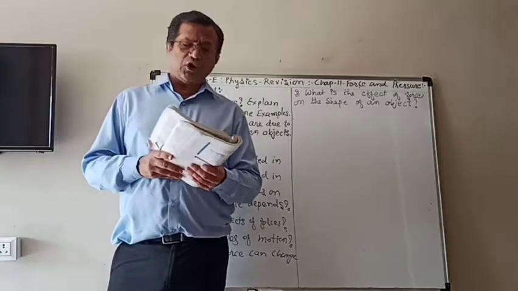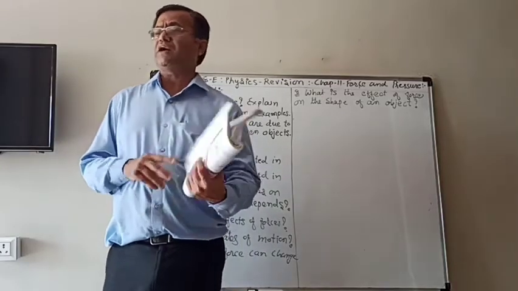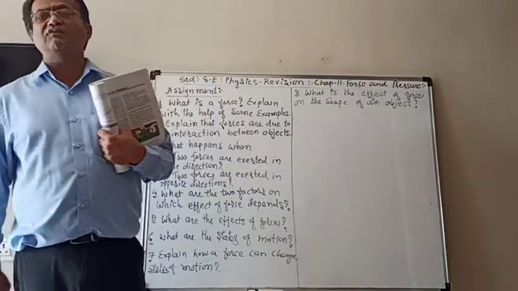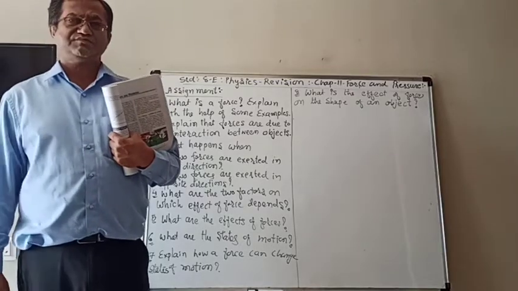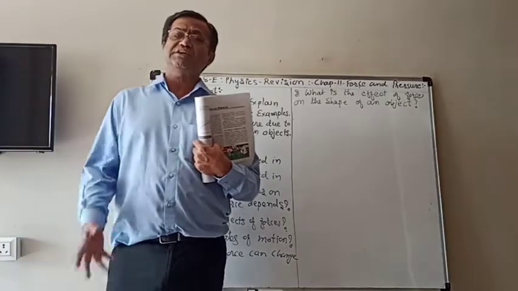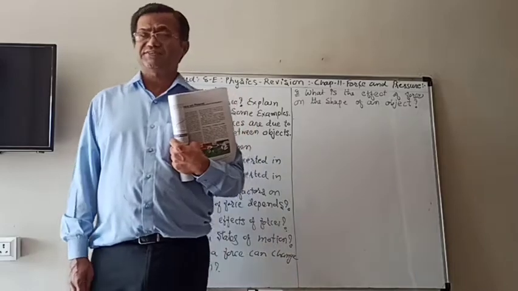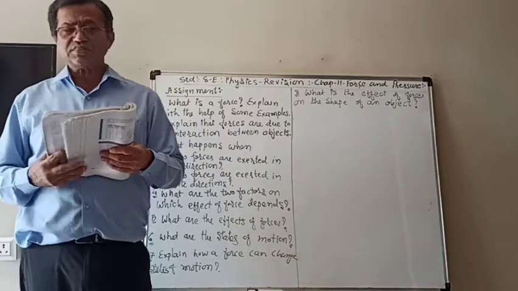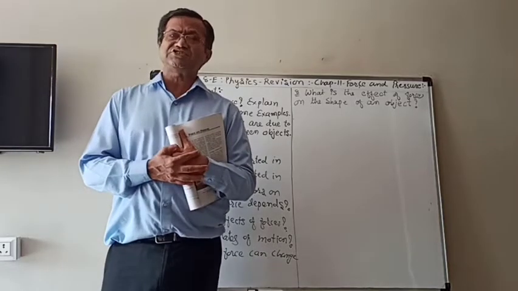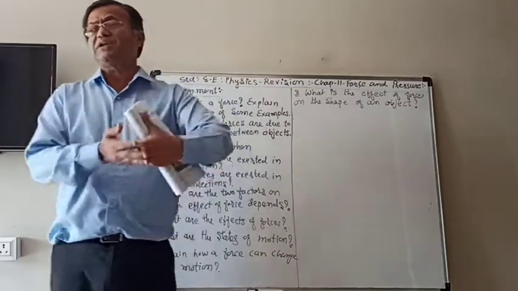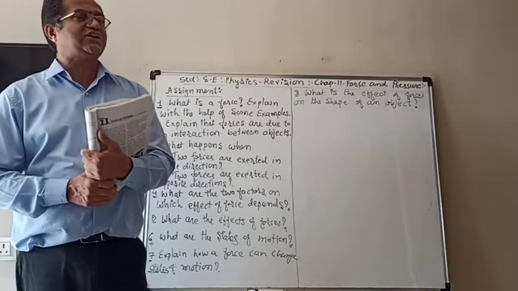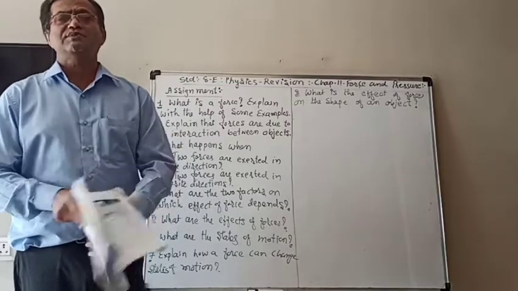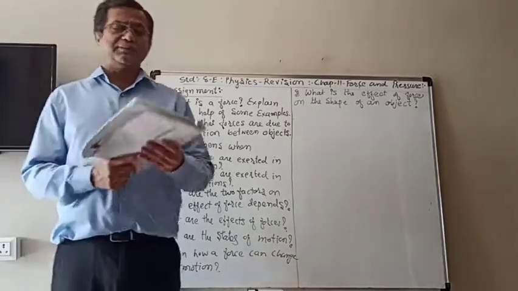The hockey player pushes the ball with the help of the hockey stick, and in football they kick it with the legs or with the head also. Similarly, in a cricket match, the batsman tries to change the direction and the speed of the ball with the help of the bat.